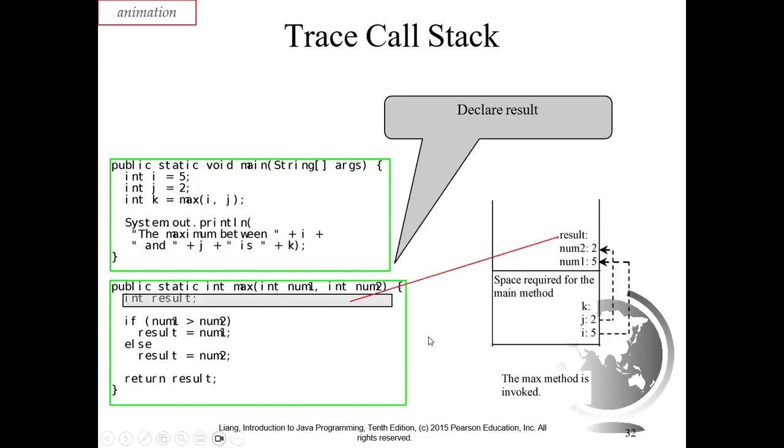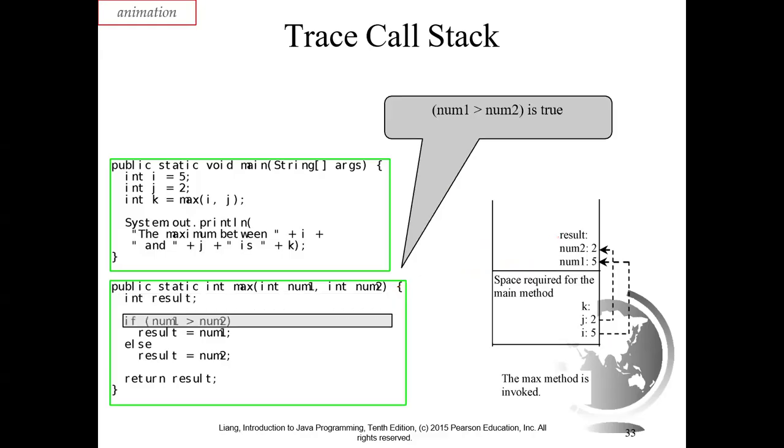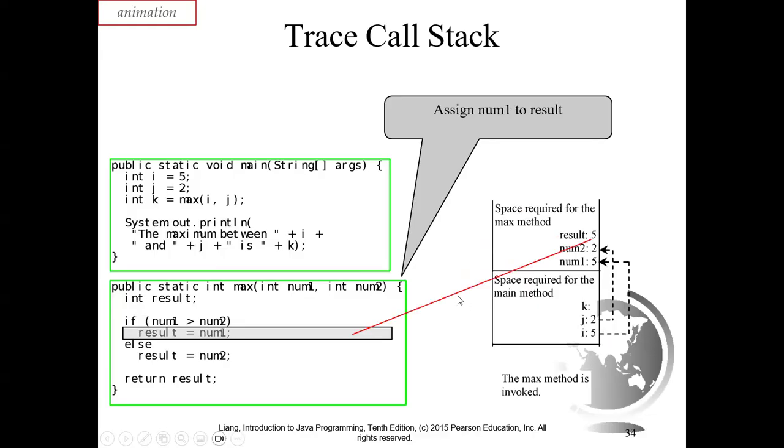And after that, inside the max method, we declare a variable named result. Once we have declared everything, we make the comparisons. In the if-else statement, we compare number 1 and number 2, which are referring to 5 and 2. Here, number 1 over number 2 is valid because 5 is over 2. So the result gets the value of number 1, which is 5.